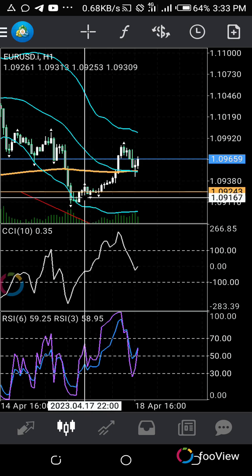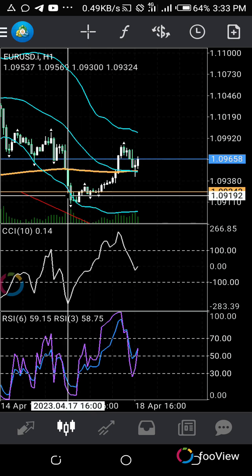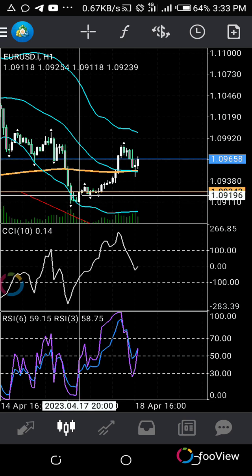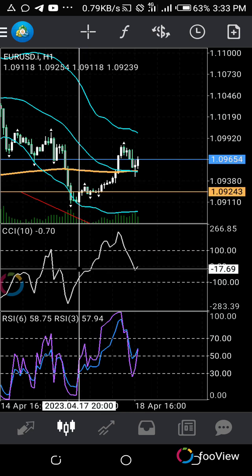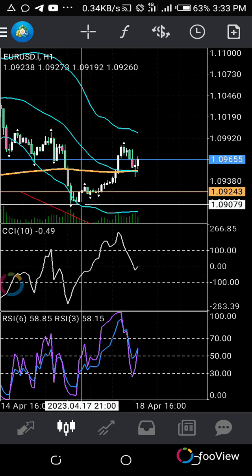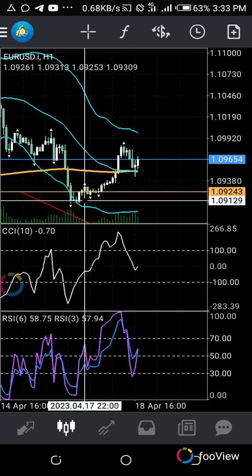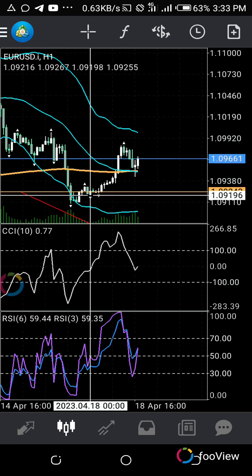Now we have a retest from the white candle. Again, the white candle breaks above to the upside. Do you get it? Then we have a bearish candle that retested the line.